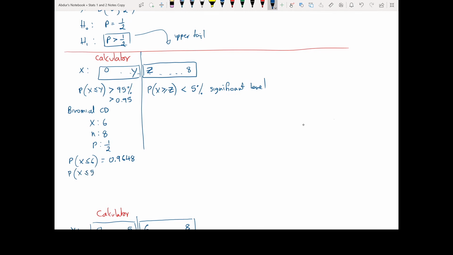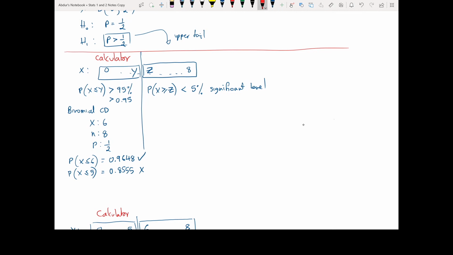Well, let's just check. So we do the same thing again, but this time with X equals 5, and this gives us 0.8555. So we can see that this doesn't give us a probability which is greater than 95% or 0.95, whereas this does. So we know here that X equals 6 can be used for the Y value.